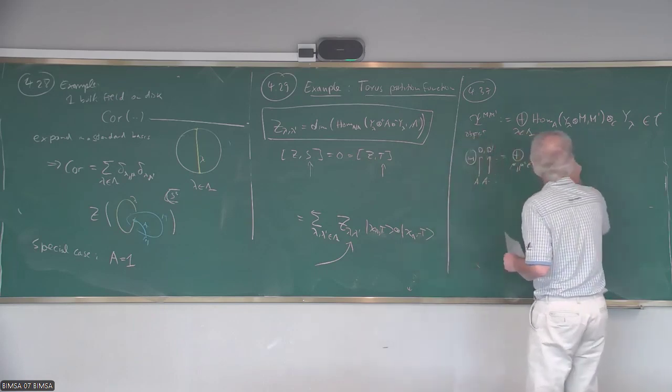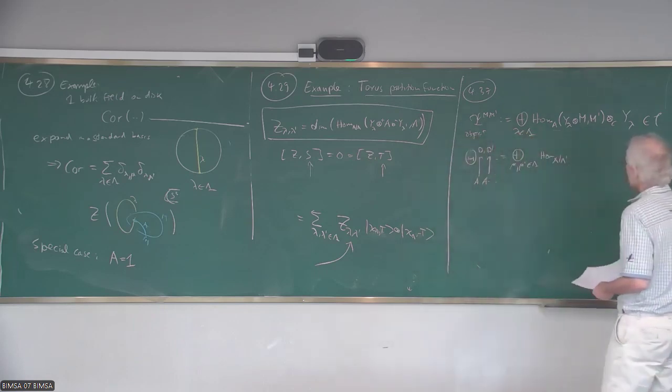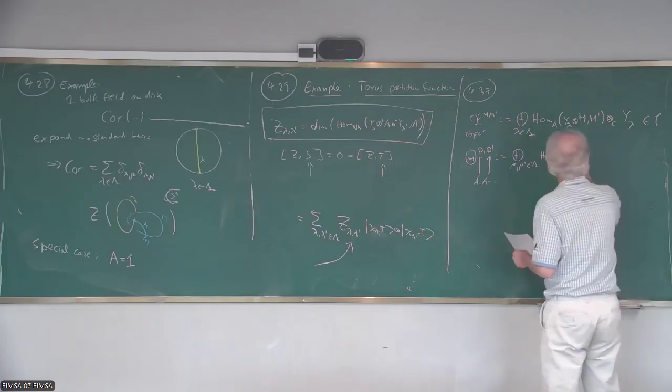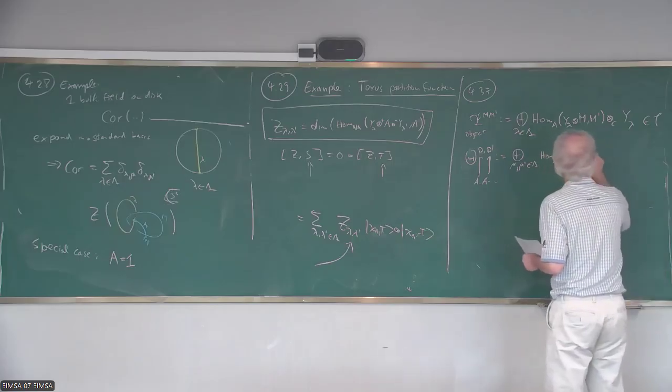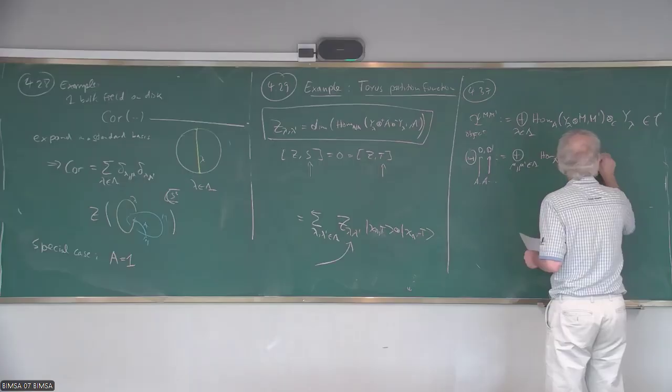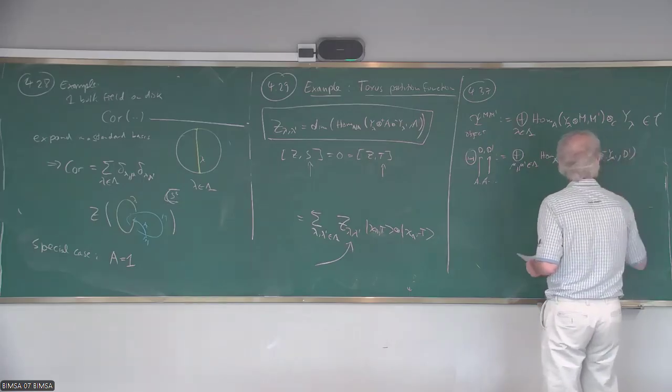So I have to take the space of A prime bimodule morphisms from y lambda tensor plus d tensor minus y, no, not lambda, mu prime, and then to b prime.